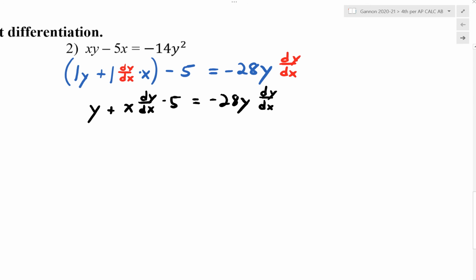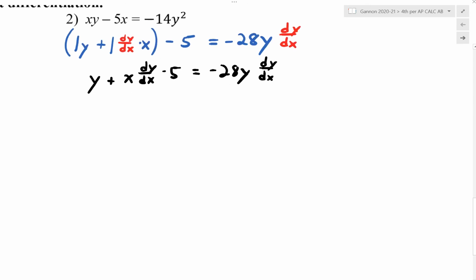At this point we're going to move all the terms with dy dx to the left and everything else to the right. So we get x dy dx plus 28y dy dx equals, we subtract y and add 5, so we could say 5 minus y.